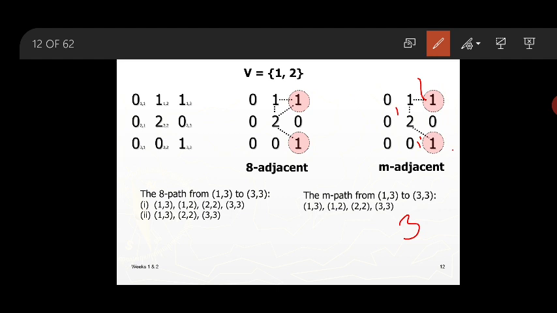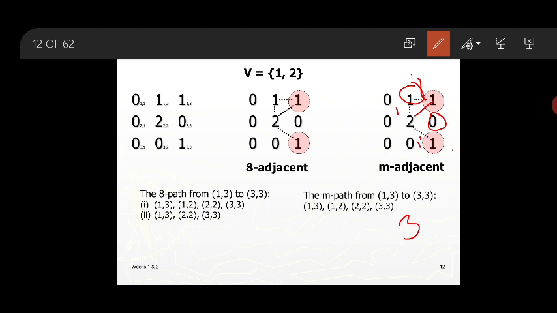When making a diagonal connection for the m-path with the corresponding pixel, you need to see that the intersecting pixels should not be from V. If they are not from V, you make a connection, provided both intersecting pixels are not from V. In the initial condition, this one is from V, but this one is not from V. You can't say that you make a connection.